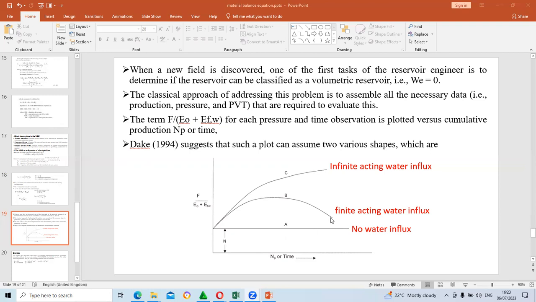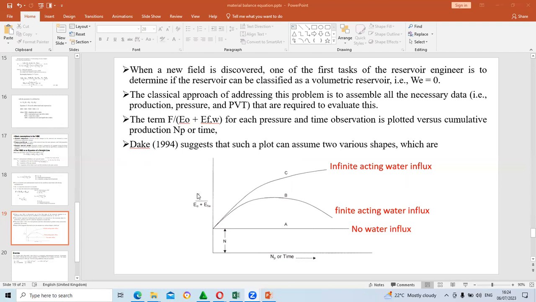Then I'll be able to know if there is an influx or if I have finite acting influx. Finite acting means that the pressure wave must have reached the boundary and affected the pressure change within the reservoir. Infinite acting means that the pressure disturbance has not yet reached the boundary.